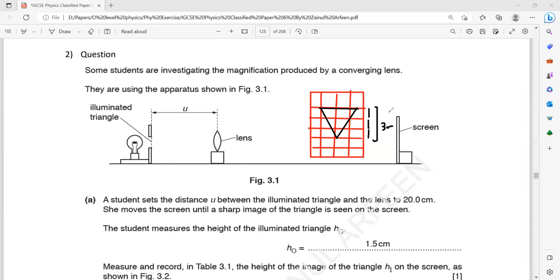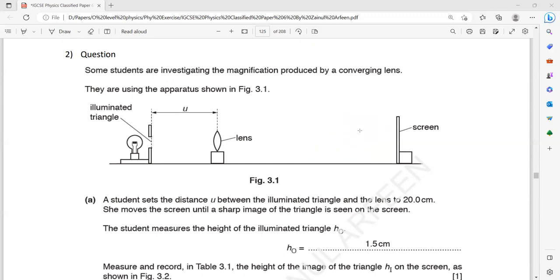Or what else can you use? You can use a translucent screen. Translucent screen means, because if I measure the height from this side, I will block the light. So if I use a translucent screen, the back side of the screen will also be illuminated. So I can measure the height from the back side and it won't block the light, so it will be easy to measure. Or what else can you do?